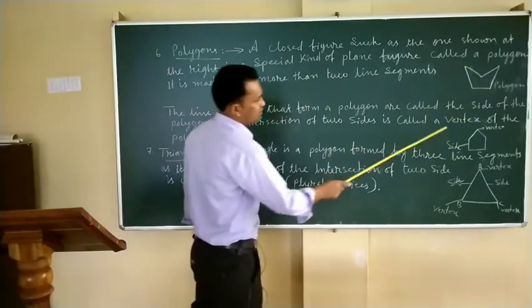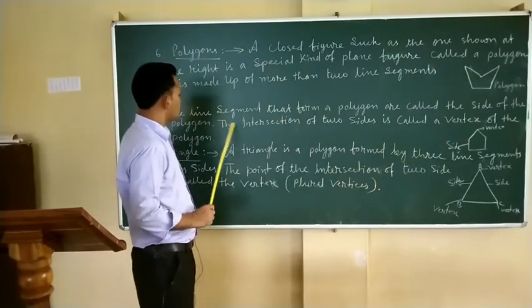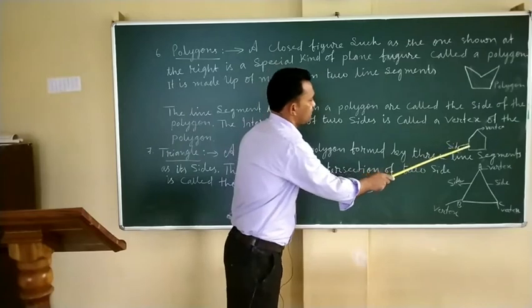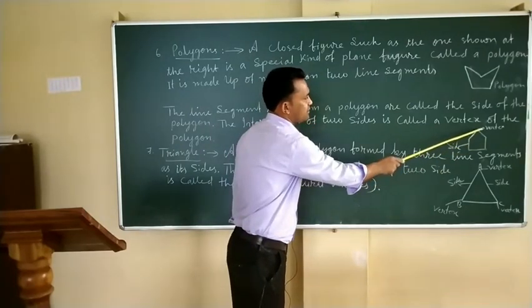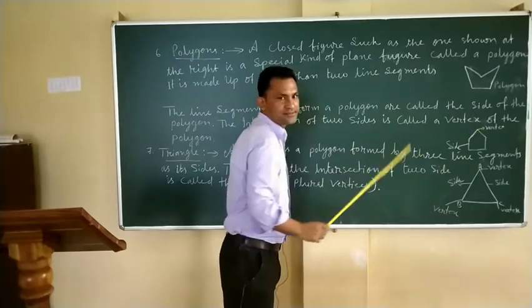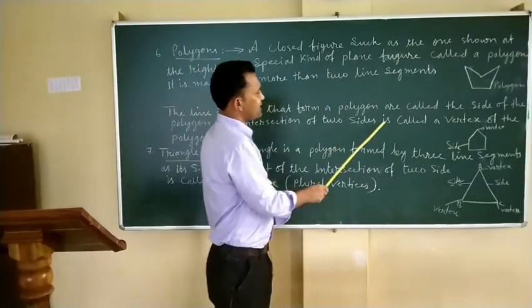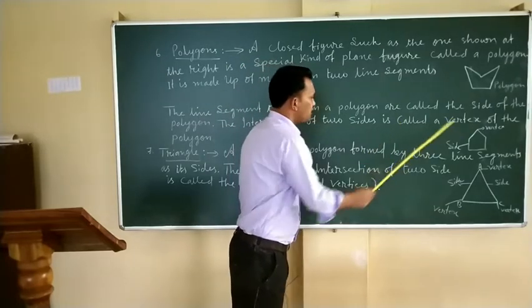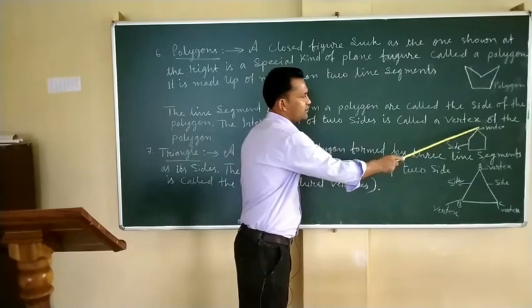You see here, one more example I have given here. See here, these are sides, and this intersection here is the vertex. That is, the intersection of 2 sides is called a vertex of the polygon. Intersection means, you see, both sides are closing here.